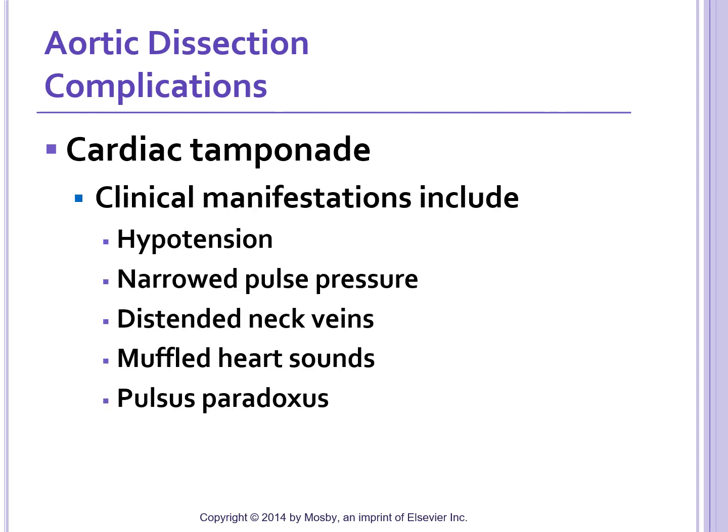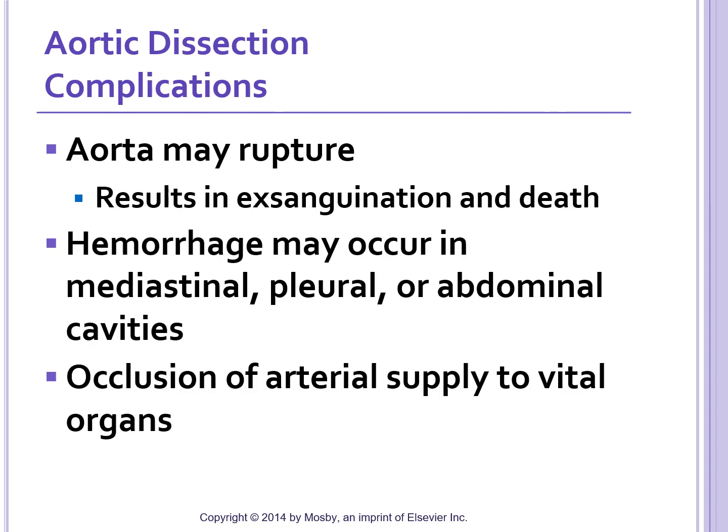And these are our clinical manifestations of cardiac tamponade: narrowed pulse pressure, muffled heart sounds, JVD. If the aorta does wind up rupturing, obviously bleeding out and death are fairly common. It's just as high of a percentage with dissections as it is with aneurysms if the aorta winds up rupturing.